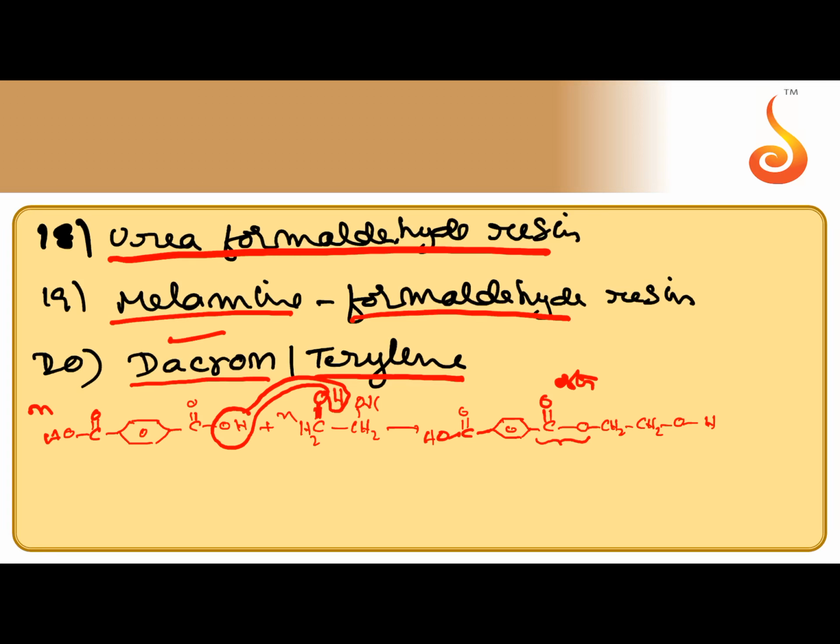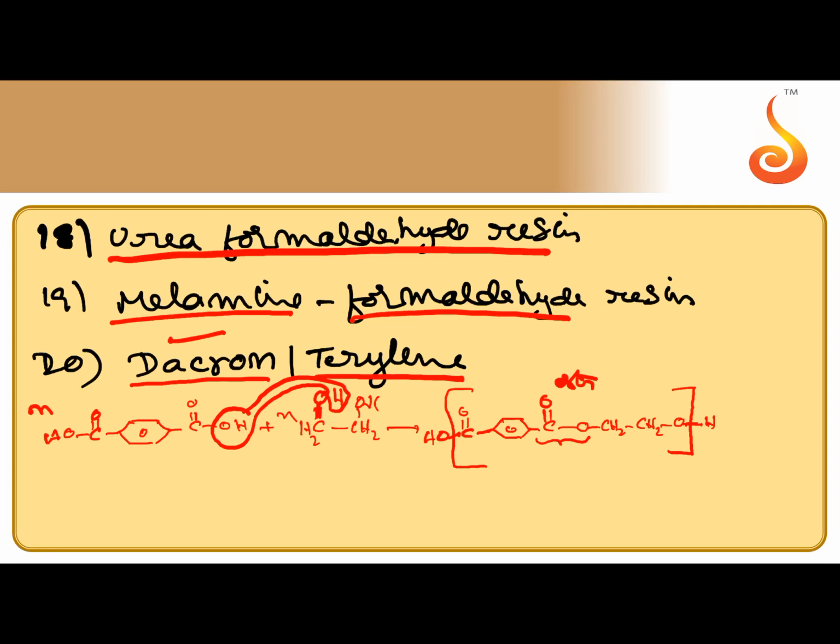So how to write the repeating unit? From the terminal molecules, you keep the H of the alcohol outside of the square bracket. You keep the OH of COOH outside of the square bracket.